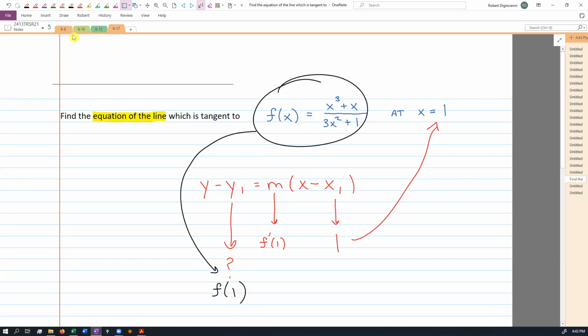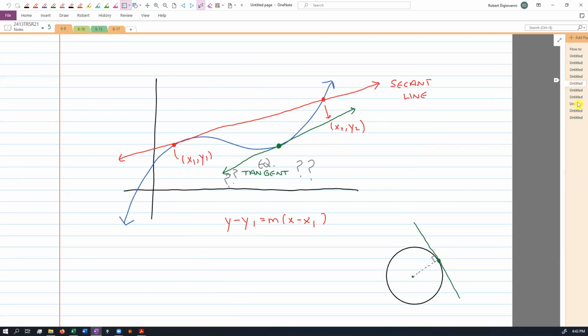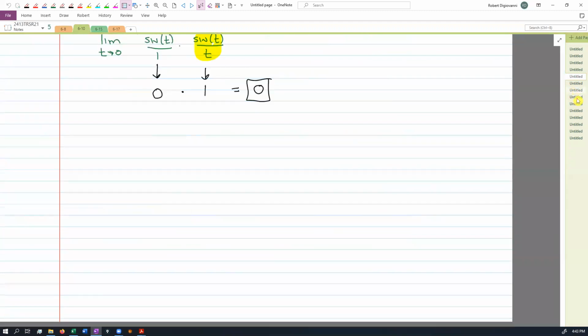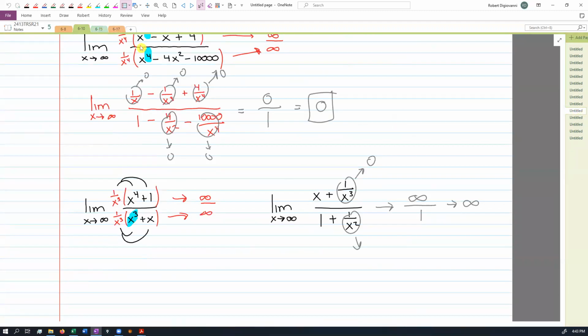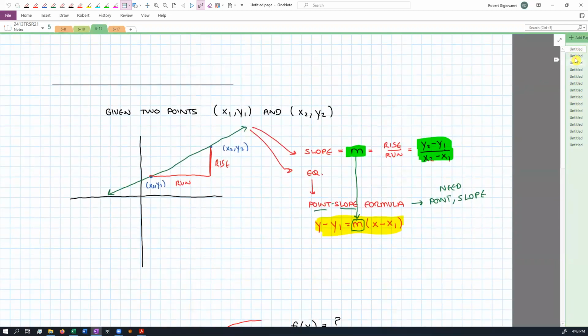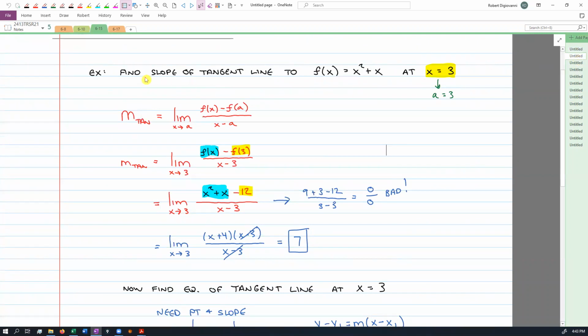Let me go back to this. Last class we were talking about how, if you're trying to find the slope of the tangent line to a function at a point, you find the derivative at that value, 3, and that gives you the slope.